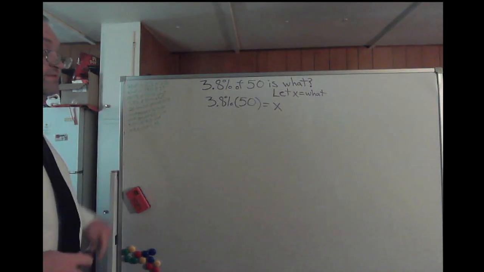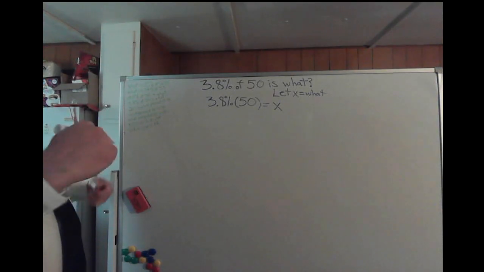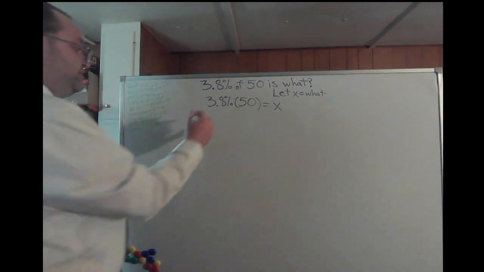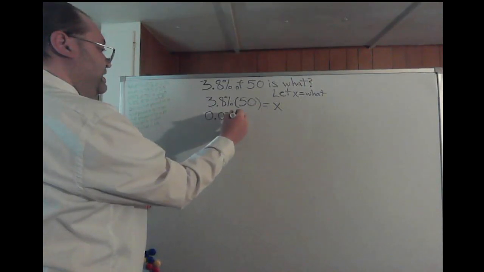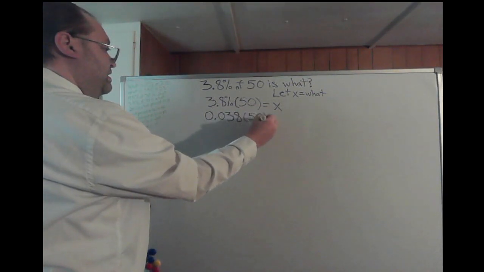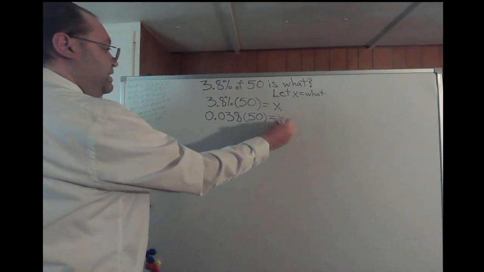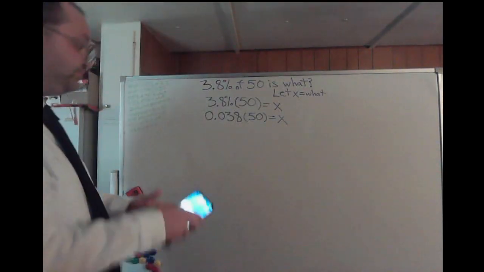Well, again, let's convert that 3.8% to a decimal. If you did that and move it 2 decimal places to the left, you would get 0.038 times 50. That would be your what? Now you just stick it into the calculator.